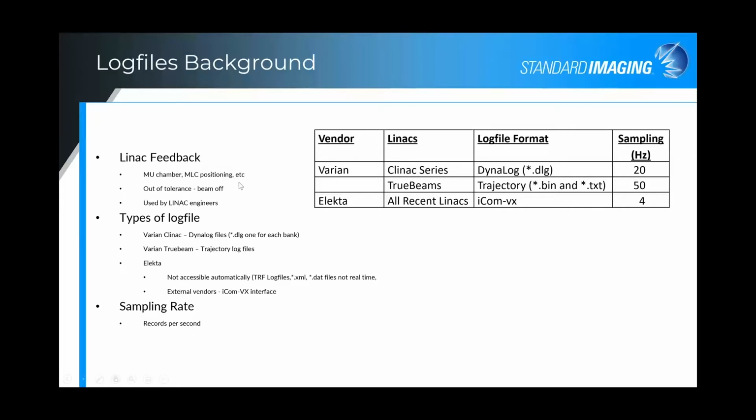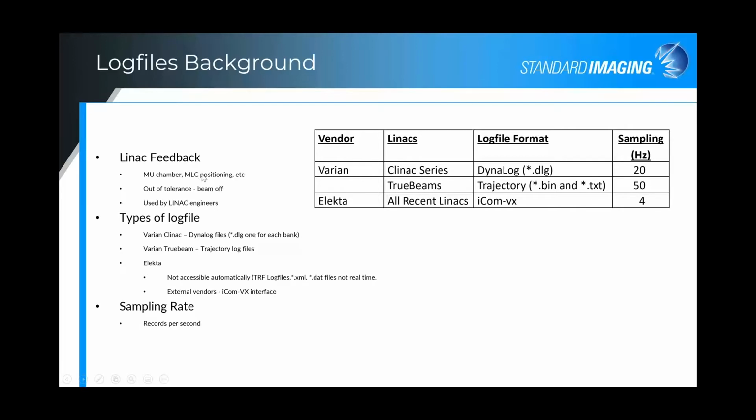Well, some of these tolerances might be a little larger than you would desire and may actually have some dosimetric impact. For example, the MLC positioning tolerance before the beam will go off may be as large as 3 millimeters.